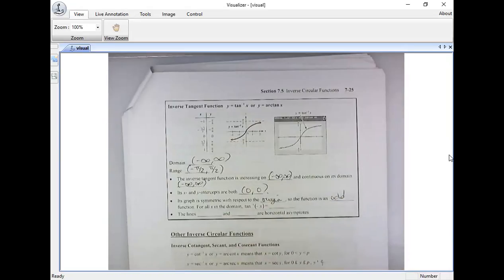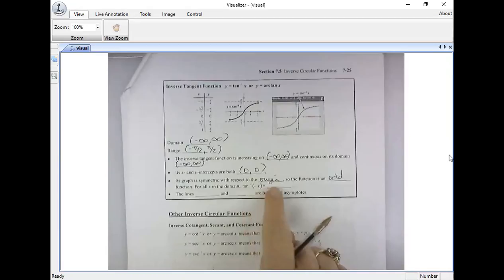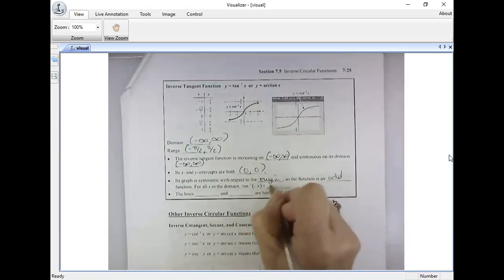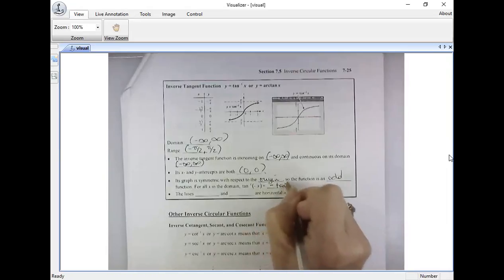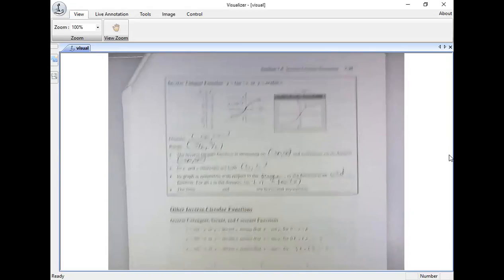So for all of the x values in the domain, if it's odd, when I put the negative angle measure in, then what happens to the y value? It becomes negative. Very good. It becomes negative arctangent of angle x. That's using one of those even-odd properties.